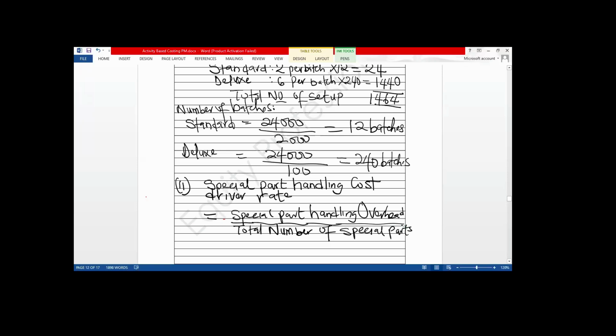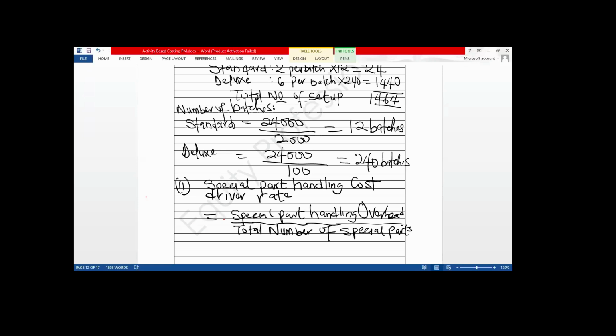Please, back to the question. What is the special parts for standard? What is the special part for doulos? Somebody can check and read out. Okay, it's 2 for standard and 8 for doulos.